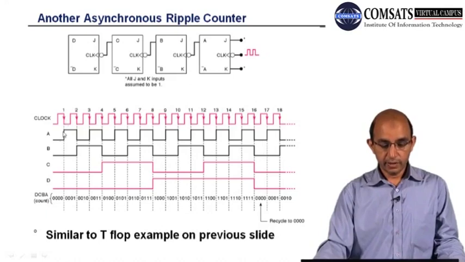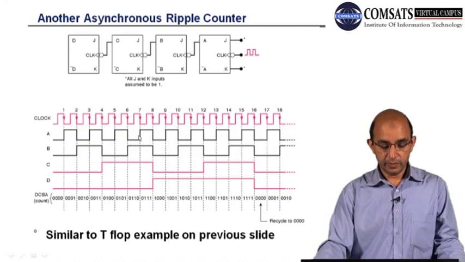If you know the truth table, JK 11 has to toggle. Again, it will remain in this state till the next active clock edge arrives. So again we have a toggle here from 0 to 1, and here we have a toggle again.